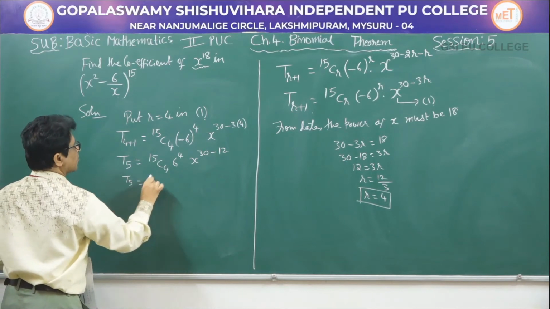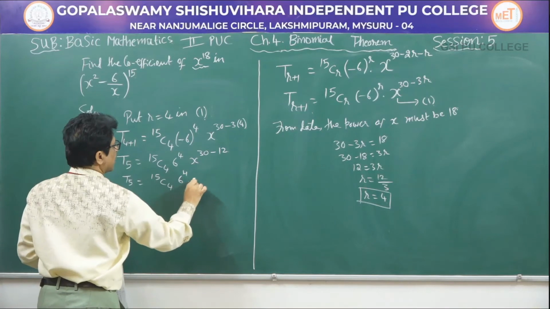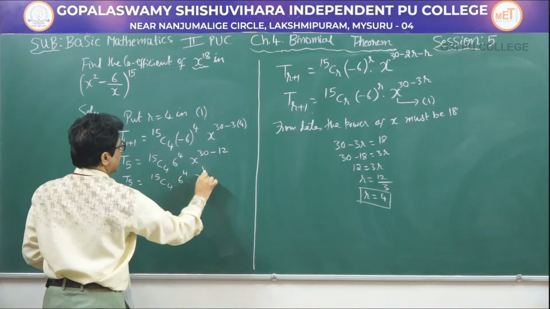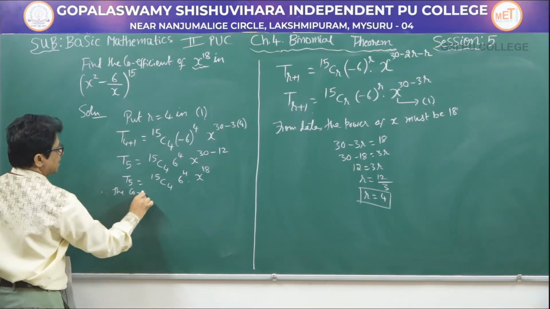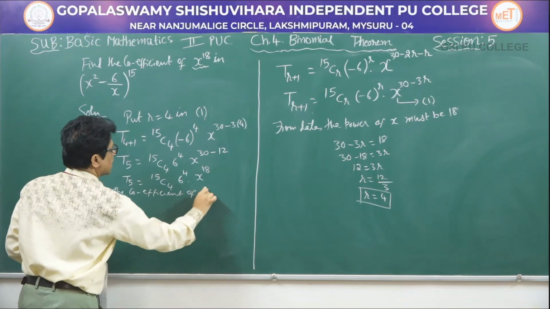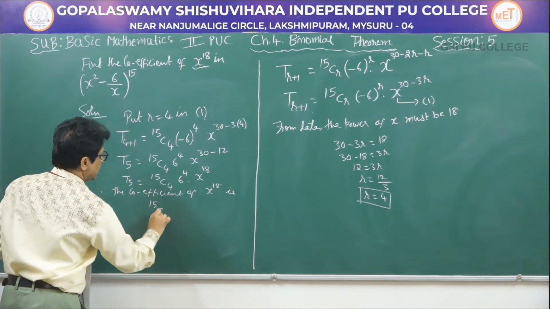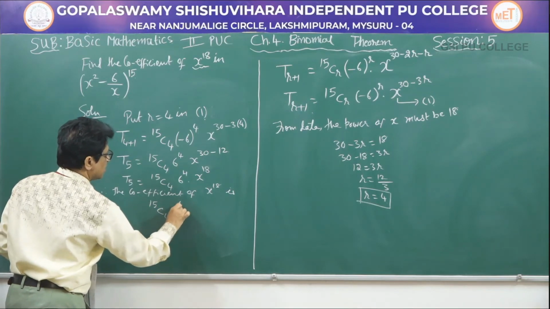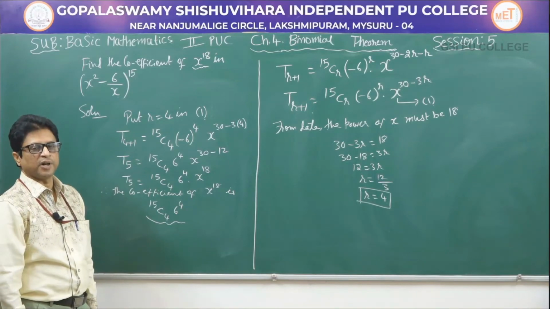So T5 is equal to 15C4 into 6^4 into x^18. Therefore, the coefficient of x^18 is 15C4 into 6^4. That completes this problem.